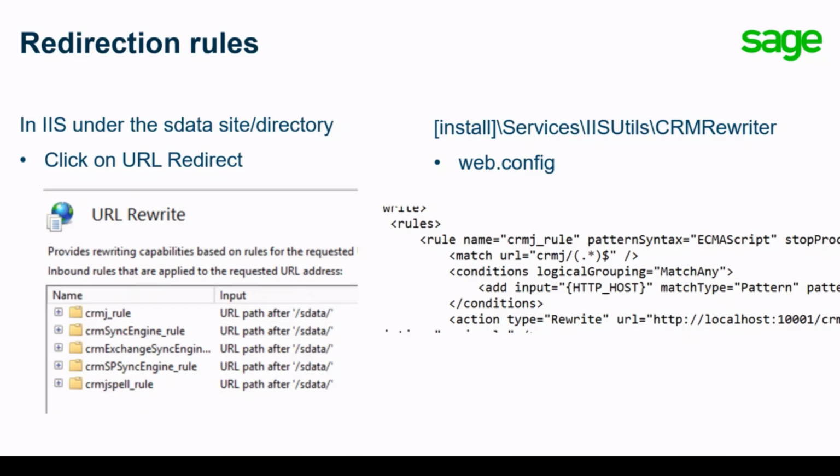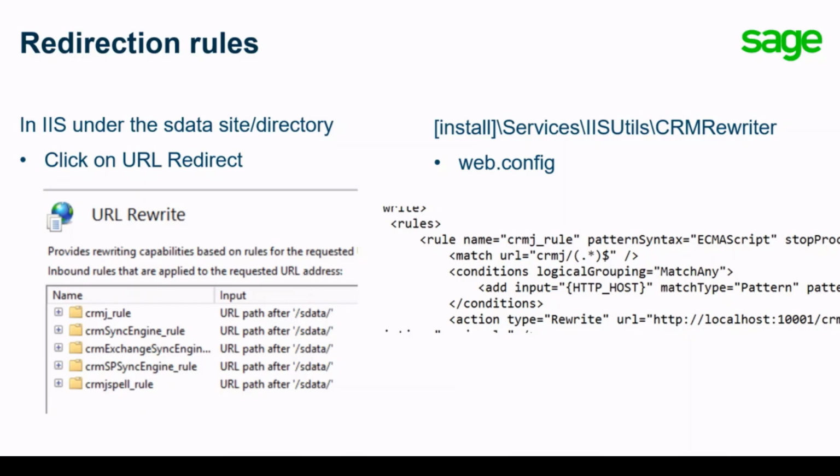So if you go to the install directory, you can also find a basic text file version of what you see in IIS. So in the install directory, if you go to services, IIS utils, and then CRM rewriter, so this is not for every single install. So remember, I mentioned that for every single install, there will be a CRM site.